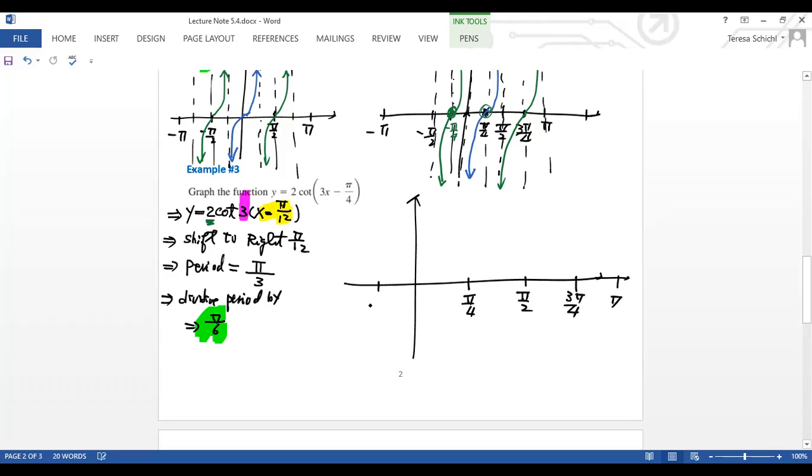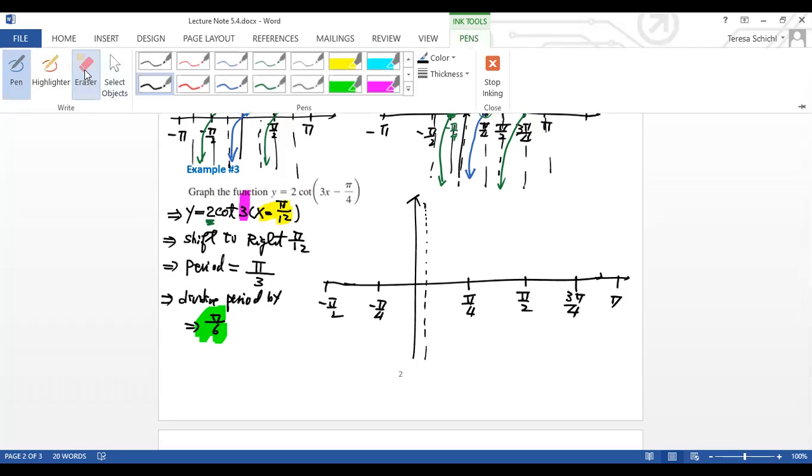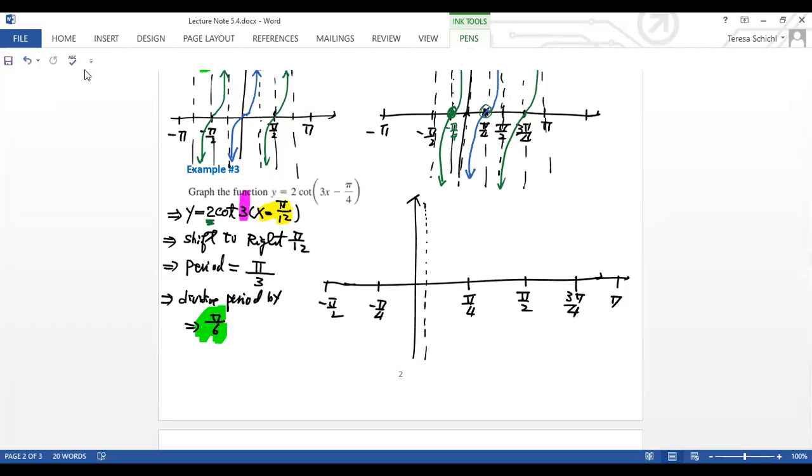So this is negative pi over 4, negative pi over 2. Okay, so the first thing here, I'm shifting by pi over 12. So pi over 12 will be somewhere here. Pi over 12 is about 1/3 of the way, or maybe it's a little bit bigger. So it's 1/3.